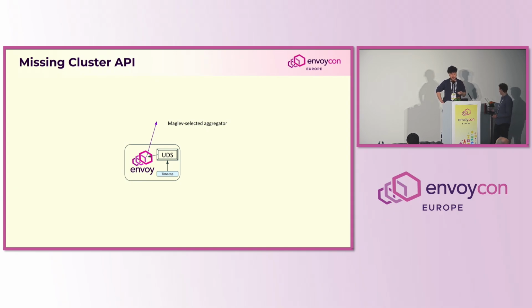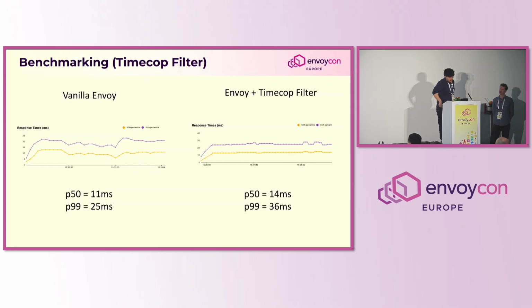Unfortunately, since there's no way to do that directly from Go code, what we had to do was expose a Unix domain socket on our pods, have the filter connect via the Unix domain socket, and then pipe it through Envoy. Of course, we could have done that in the Go code, but that really doesn't make any sense when you're inside Envoy itself. So this was another sorely missed feature. So, how did it actually work out once we had built everything?